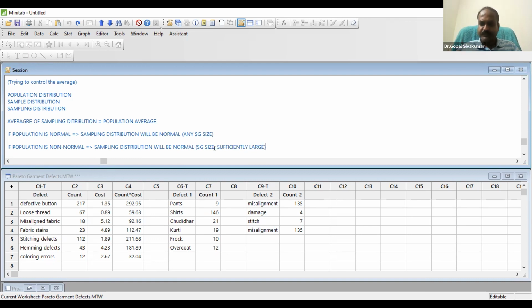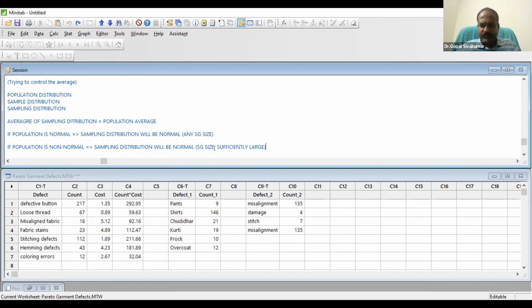That's all. What is sufficient? You will come to know once you understand the process, once you start working with the data. Sometimes it is a subgroup size of 5, sometimes 7, sometimes 10, but it won't be too high. All of you understand so far?